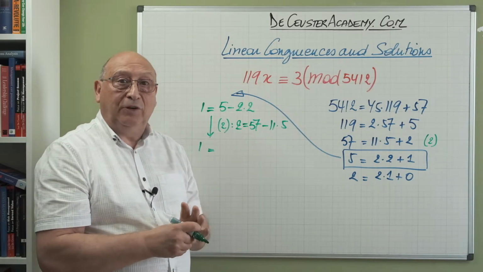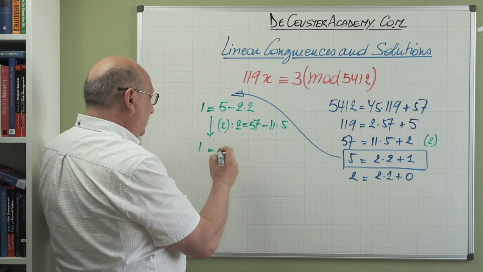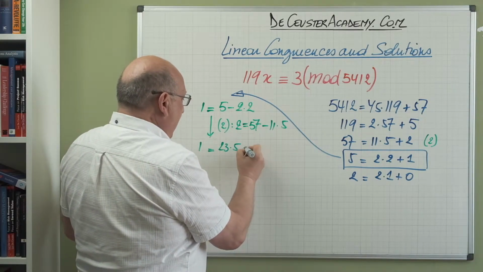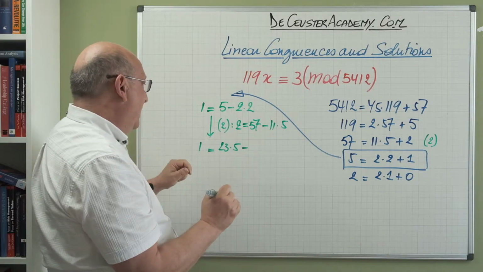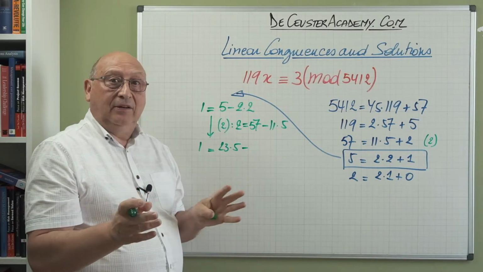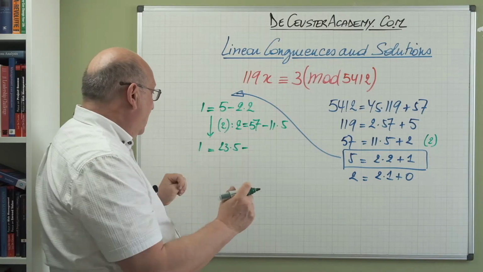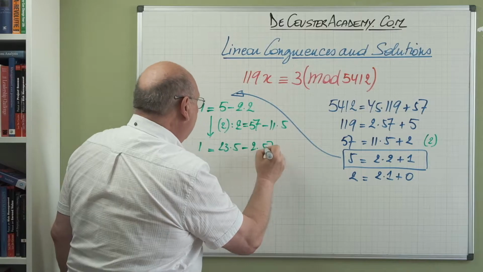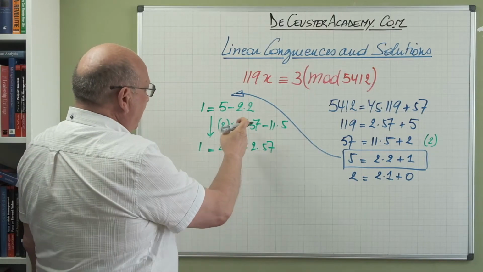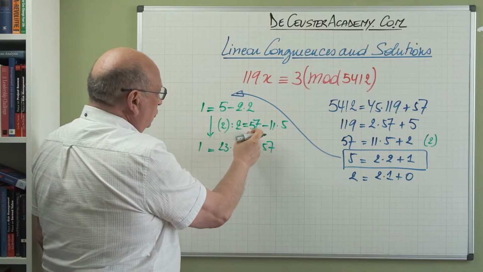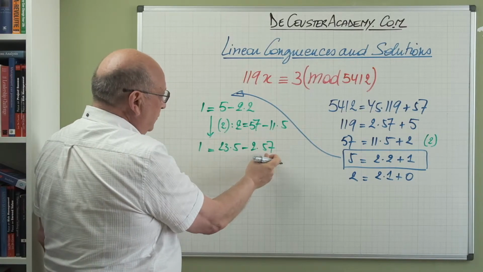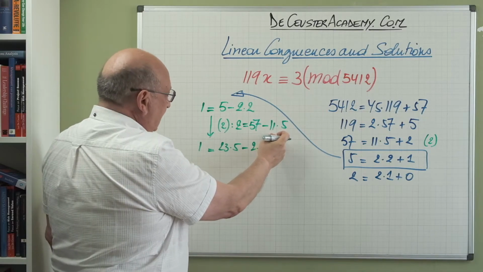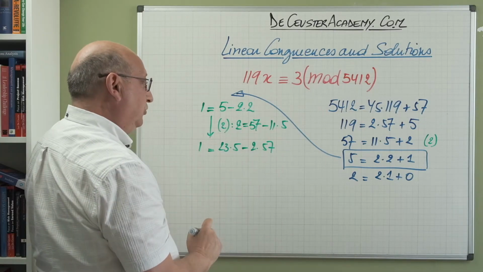So basically what we find here is a new expression: 23 times 5 minus 2 times 57. Indeed, 2 times 57, minus 2 times minus 11 is 22, plus 1 is 23.